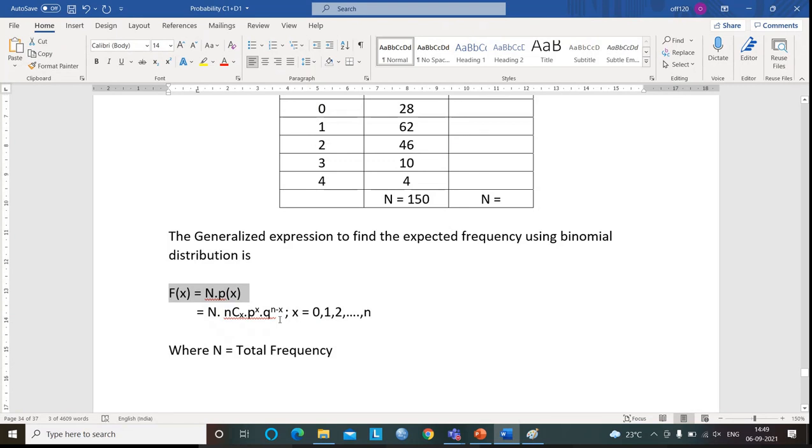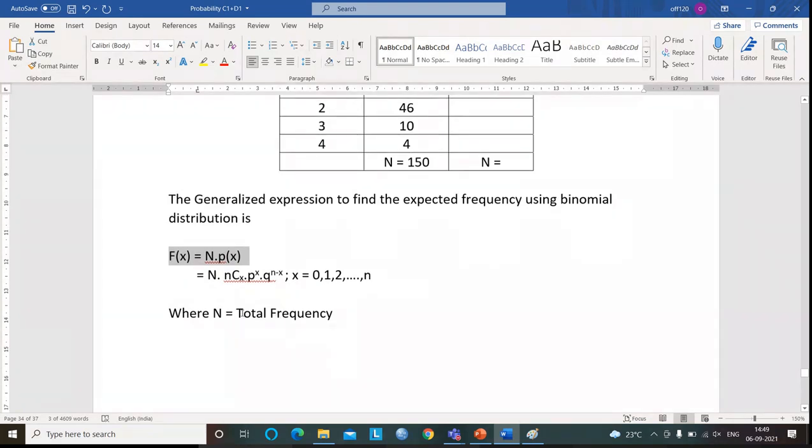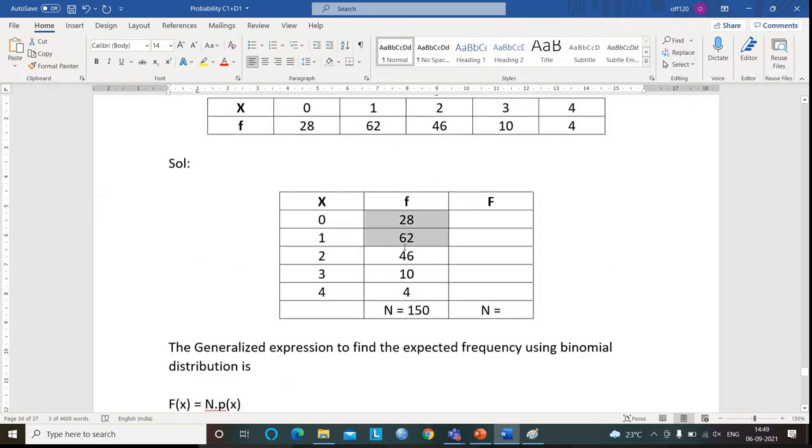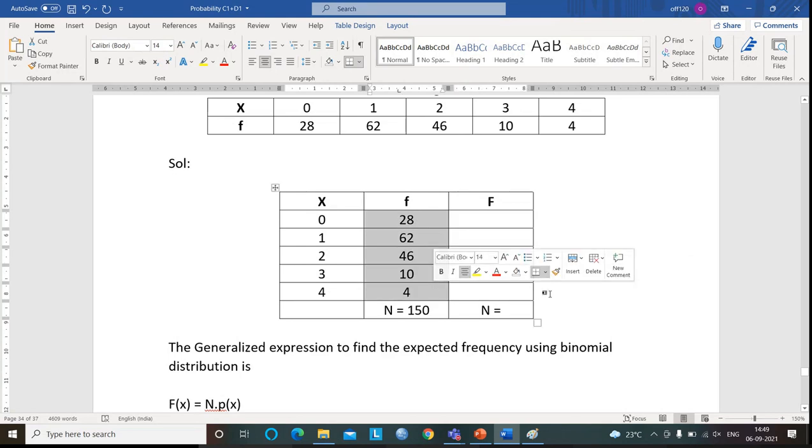Now, what are they asking us to do? Why do we have this formula? What is it meant for? Using the old frequencies and this total frequency itself, we are going to find new frequencies. We are just trying to verify whether these are correct or not.